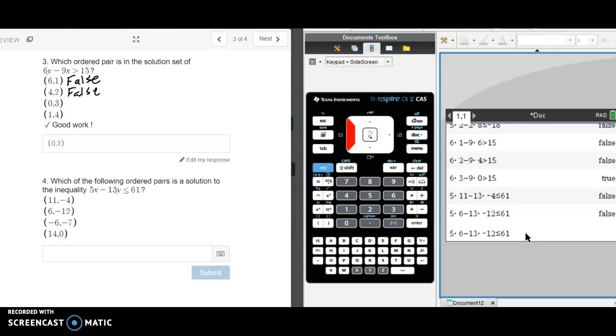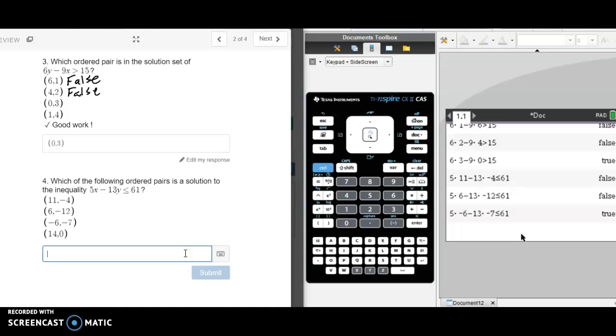Get my new Y, which is negative 7. My new X is negative 6. Enter, true. There's my answer. So I come over here, parentheses, negative 6, comma, negative 7, close it, submit, good work.